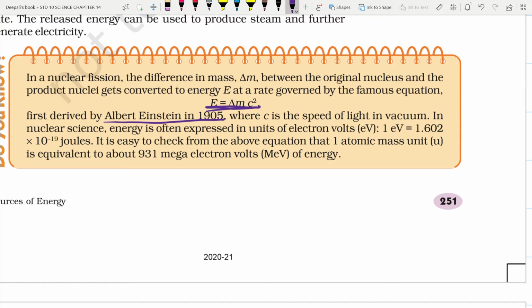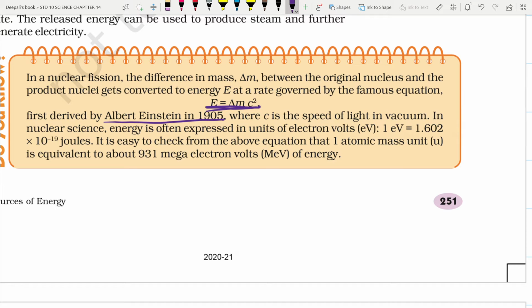In nuclear science, energy is often expressed in units of electron volt. 1 eV is equal to 1.602 × 10^-19 joule.